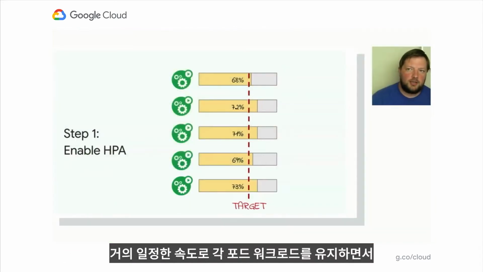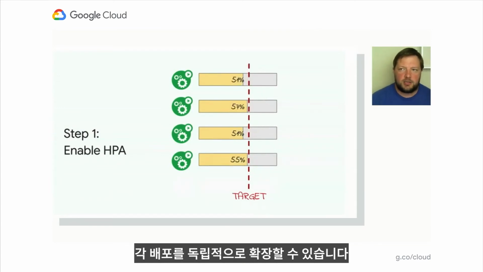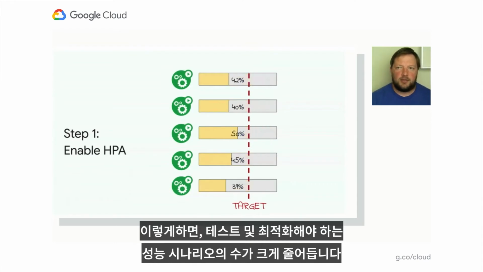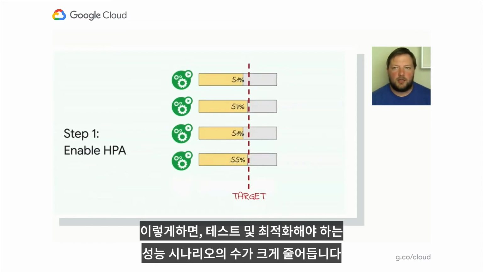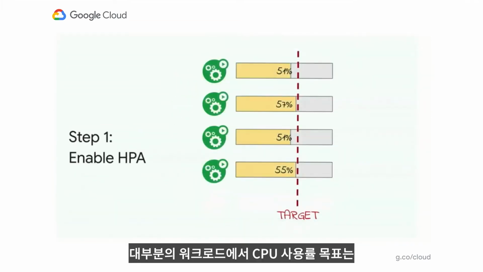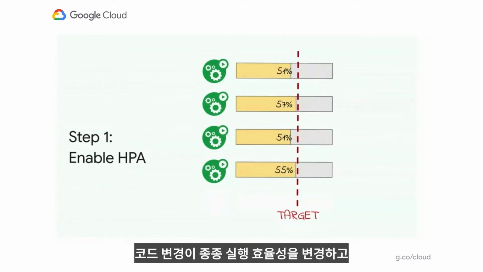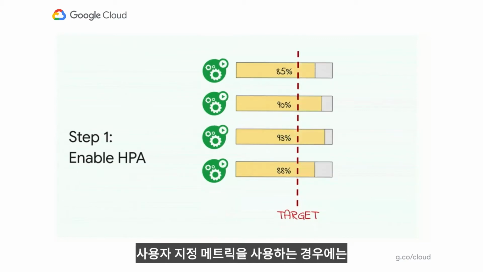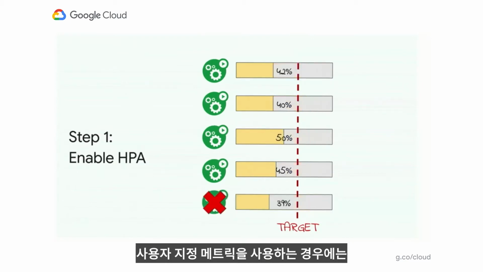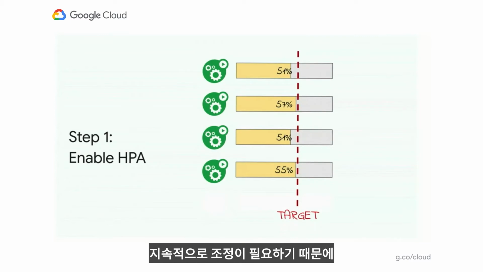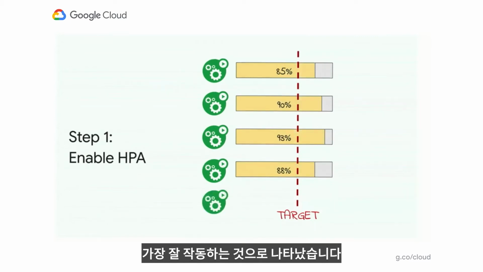Horizontal pod autoscalers allow each deployment to scale independently while maintaining each pod workload at nearly constant rate. This significantly reduces the number of performance scenarios that need to be tested and optimized for. We found that for most workloads, CPU utilization targets work best as changes in code often change execution efficiency and would need to be constantly adjusted if a custom metric is used.